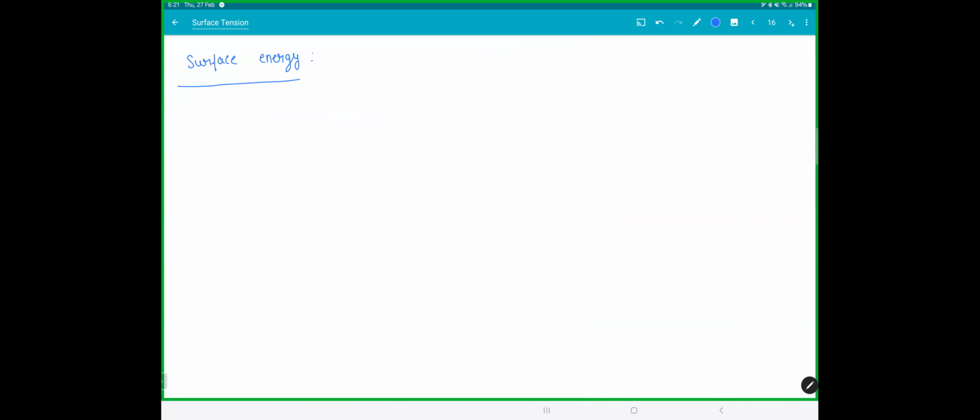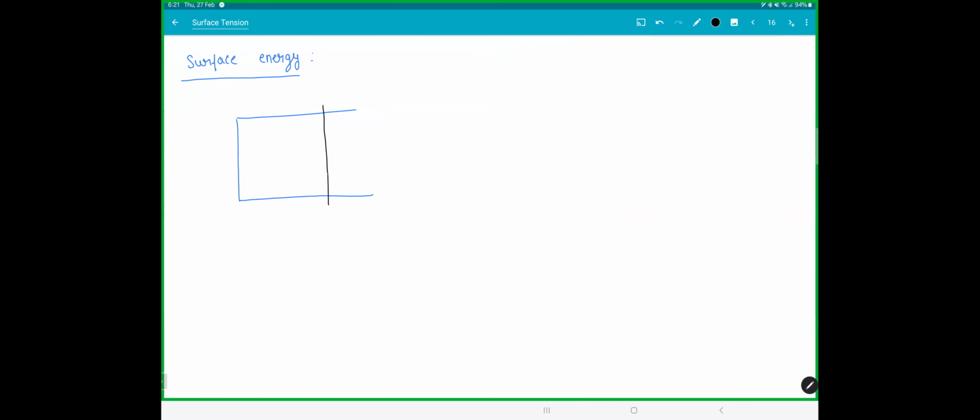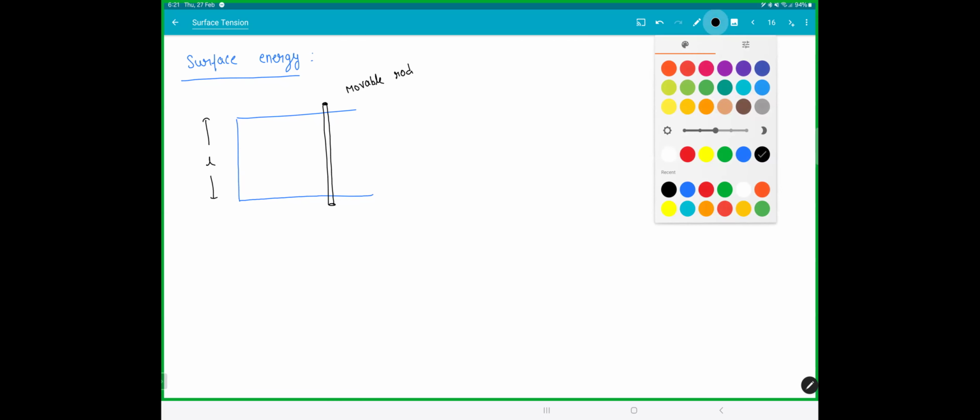So let's say we have a frame like this. So consider a movable rod. Let this length be L and let there be a soap film here.